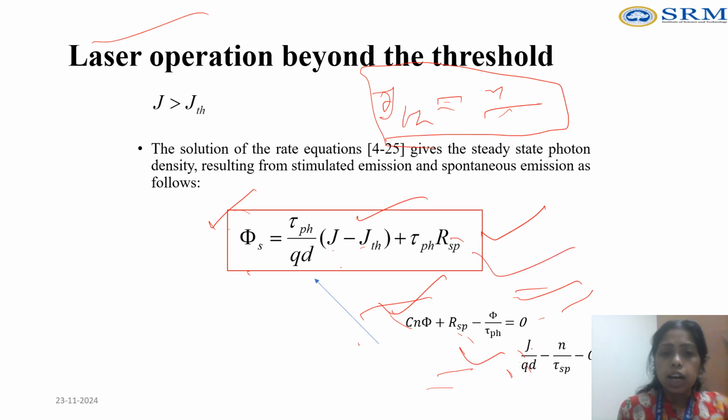This is the equation for the threshold steady state photon density, after the stimulated emission and the spontaneous emission. So for making the stimulated emission and the spontaneous emission, you have to give some amount of current, and corresponding to that current you will get φs. At that moment, this is the minimum photon density, φs.